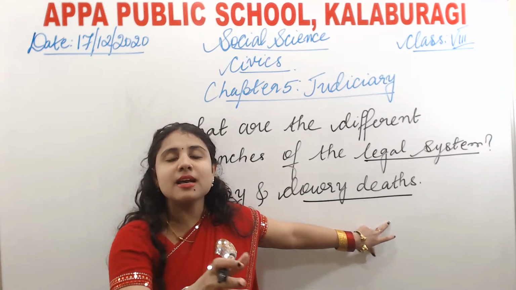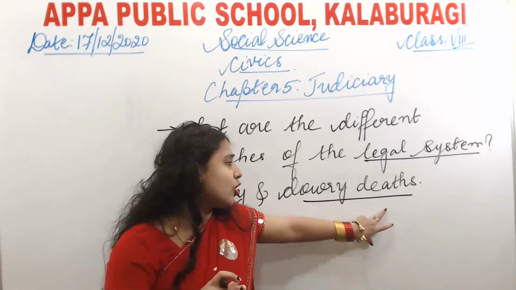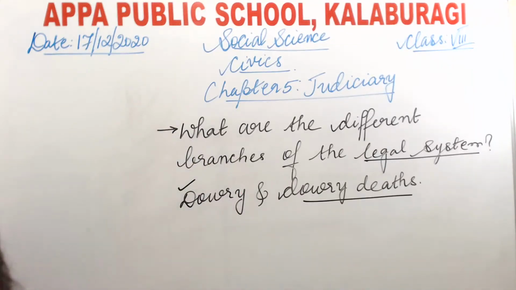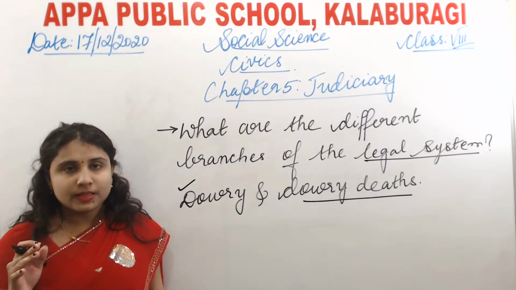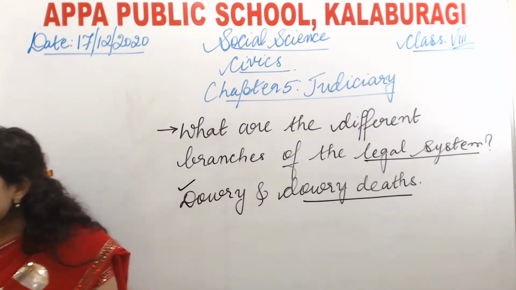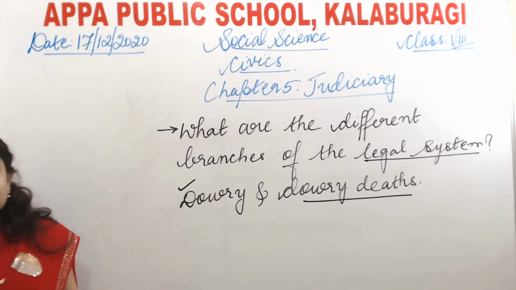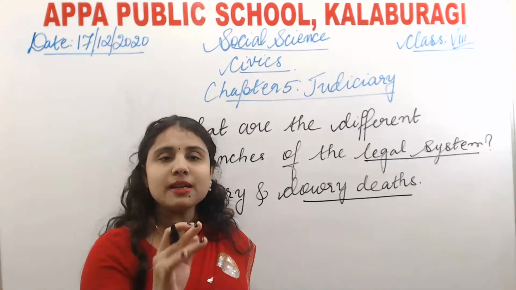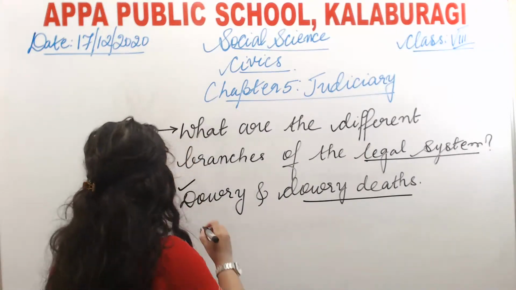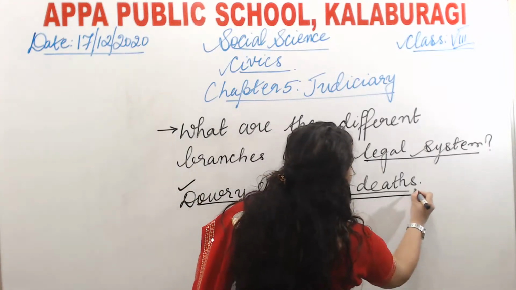Their husband and their husband's family, their in-laws. So what is dowry debt? Dowry debts are debts of married women who are murdered or driven to commit suicide by continuous harassment and torture by her husband and her in-laws. So this is dowry and dowry debts.